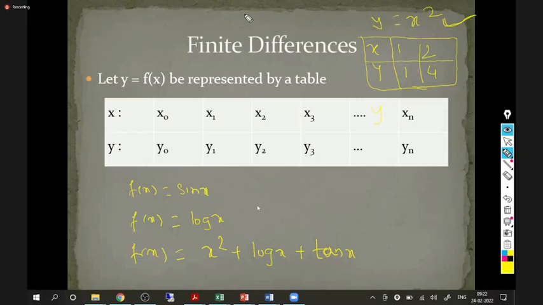For example, y minus y1, that is y minus 1, upon y2 minus y1, 4 minus 1 is 3, equals x minus x1 upon x2 minus x1, which is 2. So this is y minus 1 upon 3 equal to x minus 1 upon 1. This equation also satisfies these 2 points.